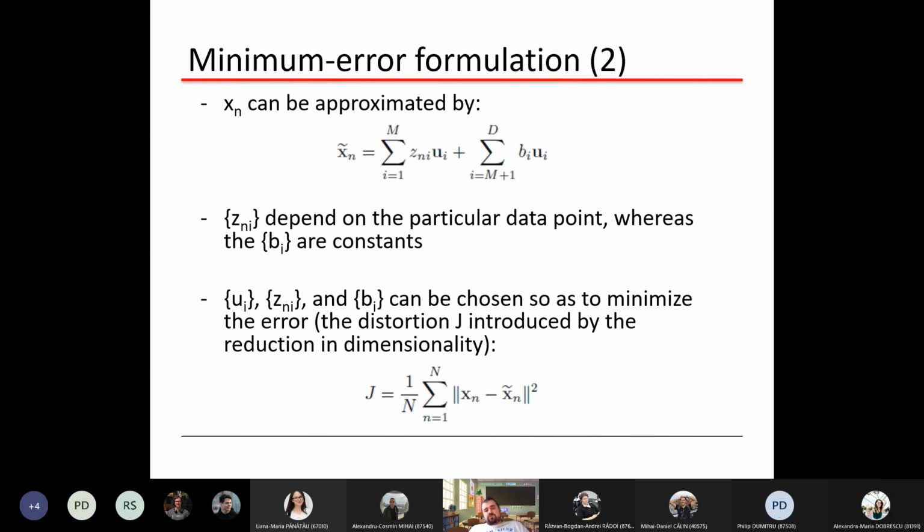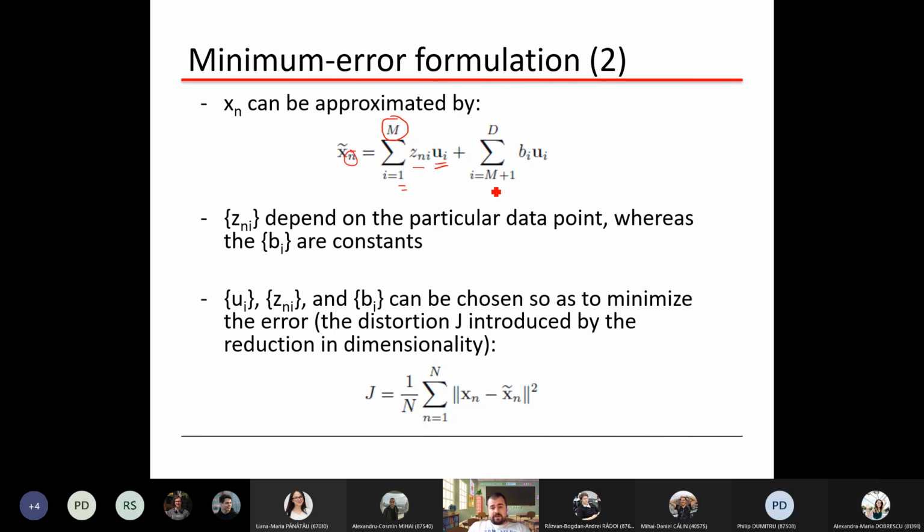Now, if we want to approximate the value of xn, we'll be using a formula that looks like this. For the m values that I'm allowed to use, I will use z_ni, which represent the real value of the point on those directions that I am allowed to use.